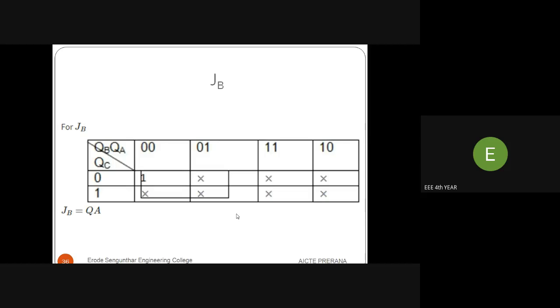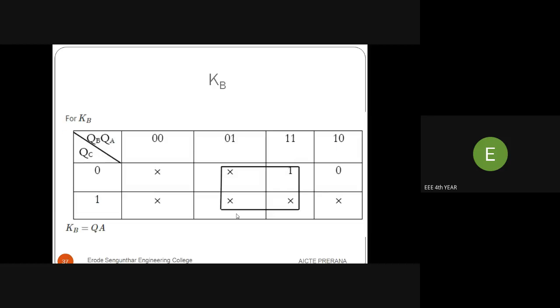Nothing else is common. Therefore the JB value is equal to QA. So all the groupings are grouped together. Therefore, JB value is equal to QA.